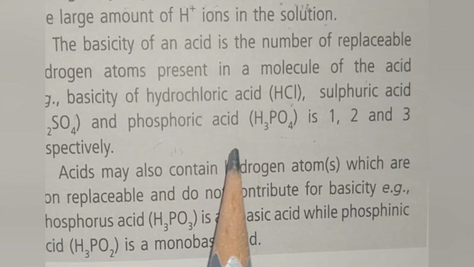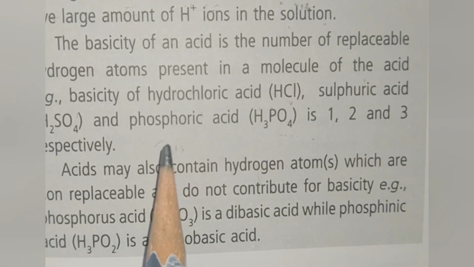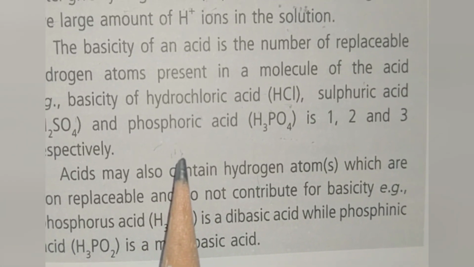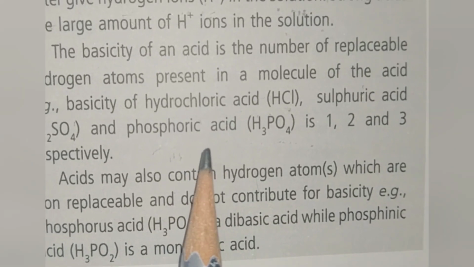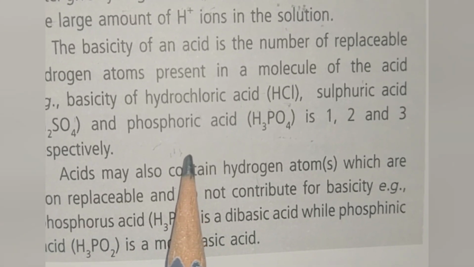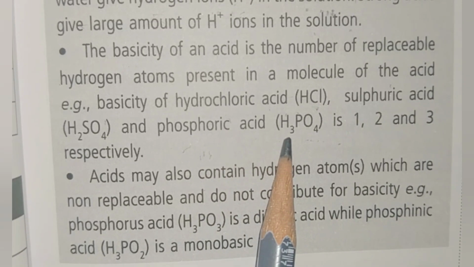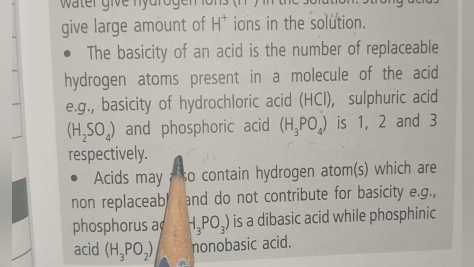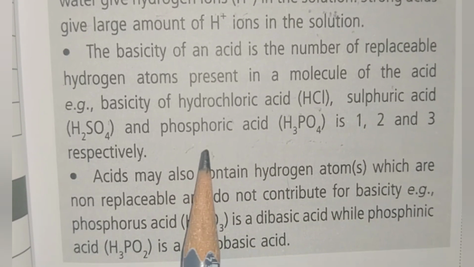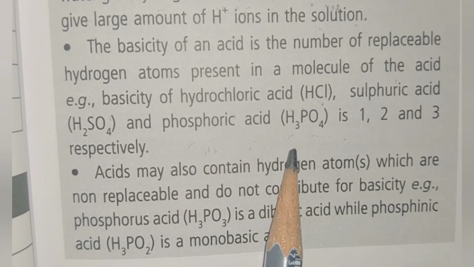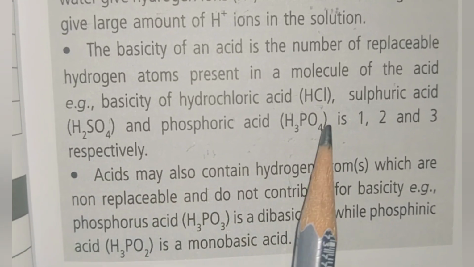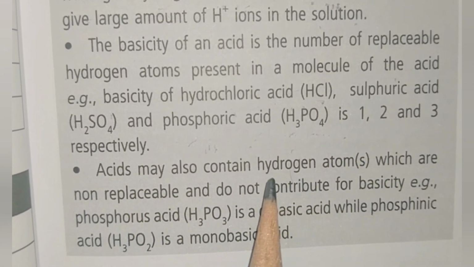But there are some exceptions like phosphorous acid H3PO3, which has 3 hydrogens but furnishes only 2 hydrogens, so its basicity is 2. Hypophosphorous acid H3PO2, its basicity is 1. Sulfuric acid, its basicity is 2.